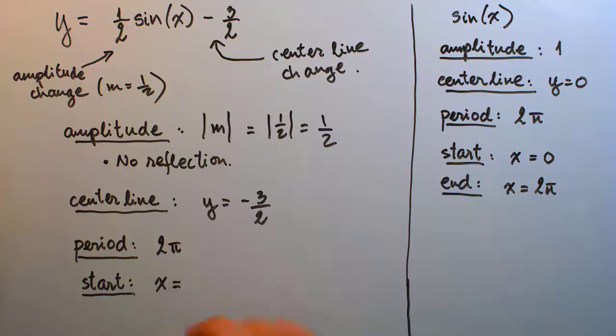So it's the same start, x equals 0, compared with the original. And the end here, of course, is simply from where the start is, we're adding the period, in this case 2 pi, so that gives us the end of our current function here. The end of our base unit is at 2 pi.